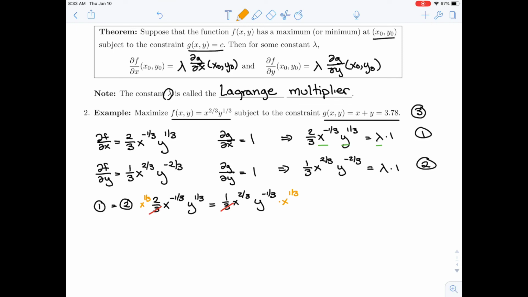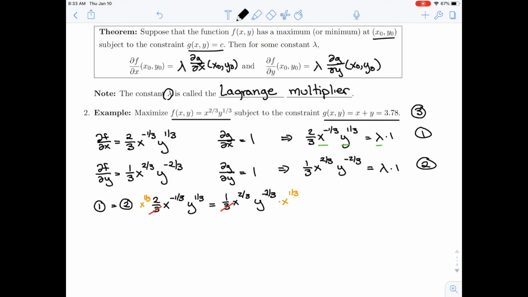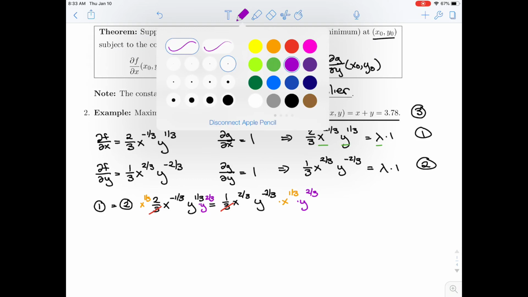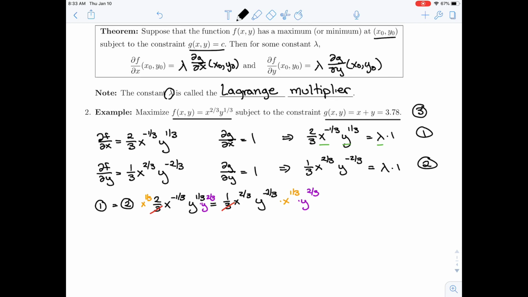That's to get rid of the x to the minus 1/3 on the left. I'm also going to want to multiply both sides by y to the 2/3, to get rid of the y to the minus 2/3 on the right. So if I do that, what I have left on the left is just 2y, and what I have left on the right is just x. So x equals 2y.